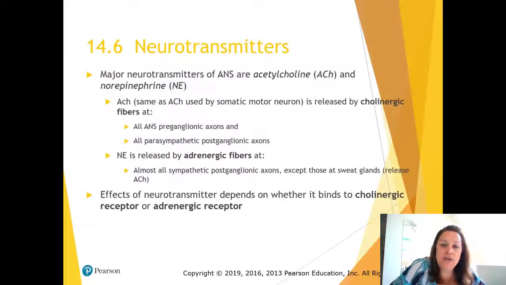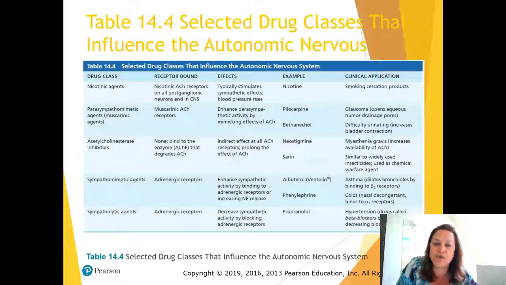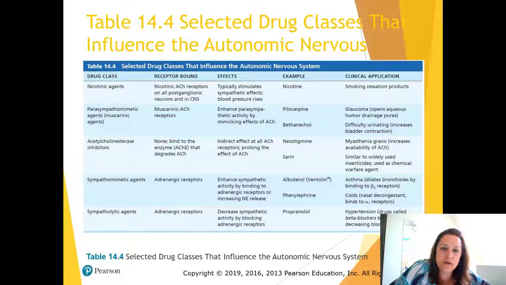If we want to talk about the neurotransmitters, right, acetylcholine, norepinephrine, and again, looking at the somatic nervous system versus the autonomic nervous system, you can see the different neurotransmitters there. This is a whole list of different types of drugs that work, if you'll notice, on the receptors that are normally activated by neurotransmitters. So nicotinic agents, right?